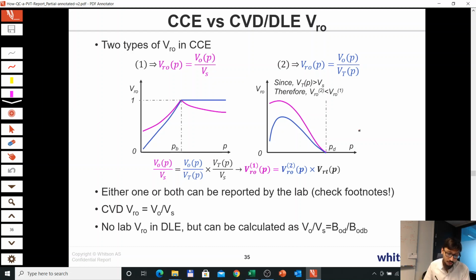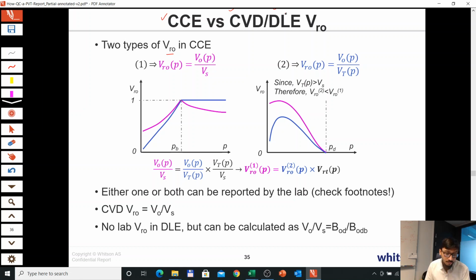Before we talk about the method itself, we need to know what the different types of relative oil volumes reported in, for example, a CCE experiment are, because this QC compares the relative oil volume from the CCE experiment versus the CVD or the DLE, or both experiments.